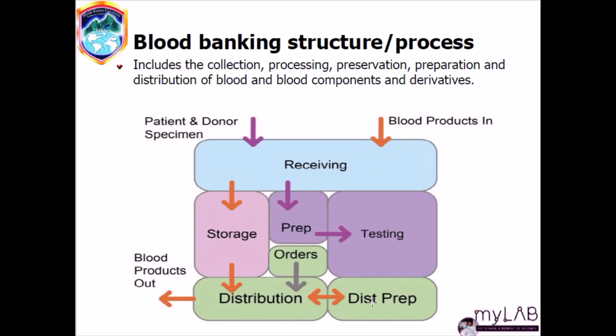We talked about cold chain management and so on. So this structure simply helps us to see how we receive, how we store, how we prepare, and when we get orders, how we distribute our blood and blood product components as well as derivatives.